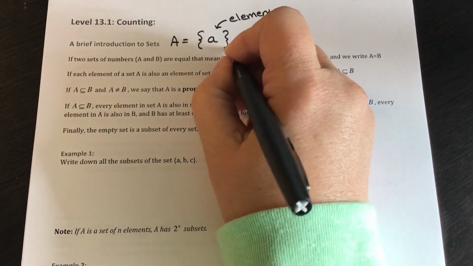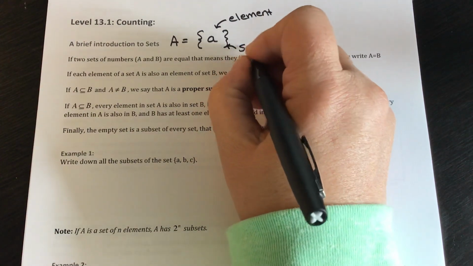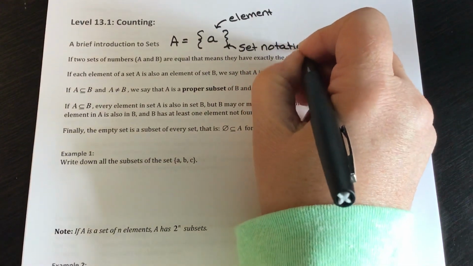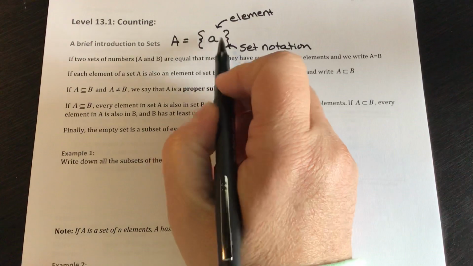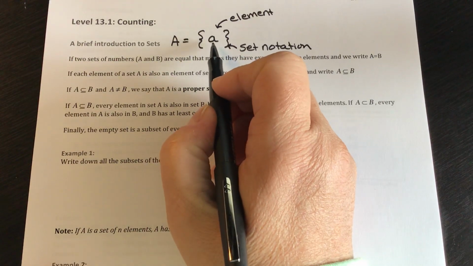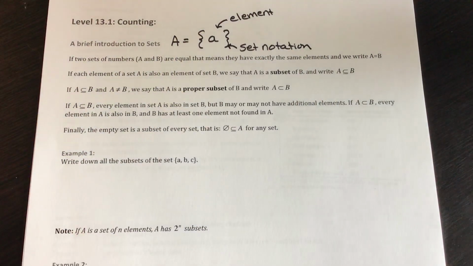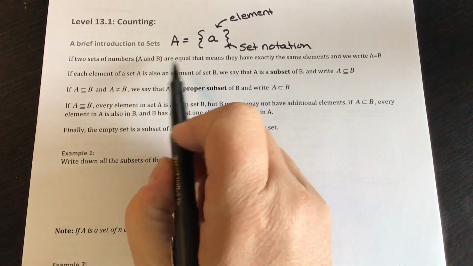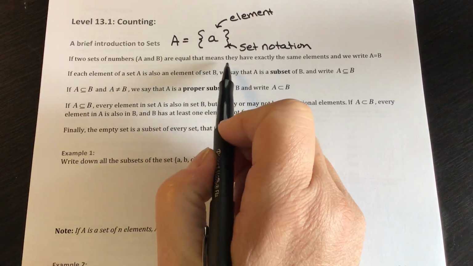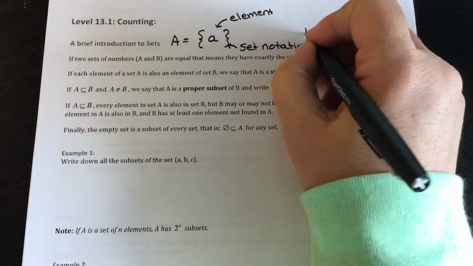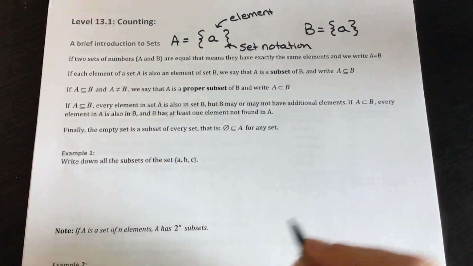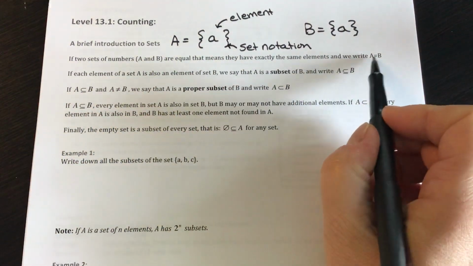So the braces are set notation, and the list of things inside the set are called elements. If set A and set B have exactly the same elements, like I've written here, then A would be equal to B.